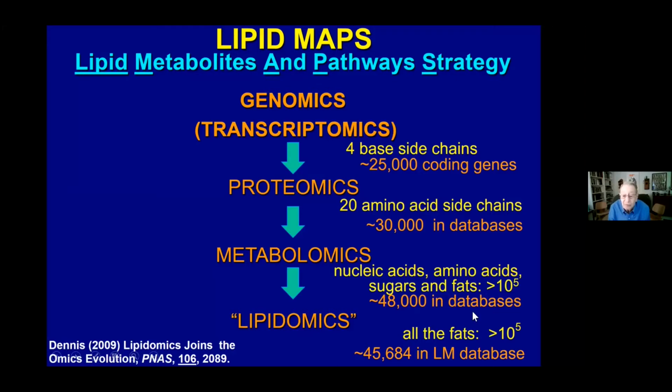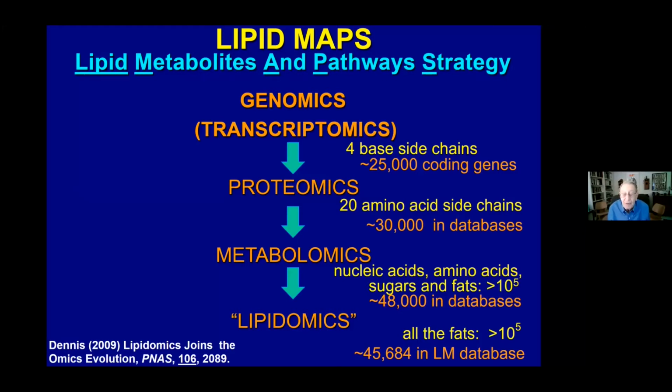But if we turn to metabolomics, which includes all the molecules of a cell, nucleic acids, amino acids, sugars, and fats, there's over 100,000 unique metabolites. And in the databases, there's about 48,000. Now, when we just focus on lipidomics or all the fats, as this training course is focused, there's still over 100,000 unique lipid molecules.